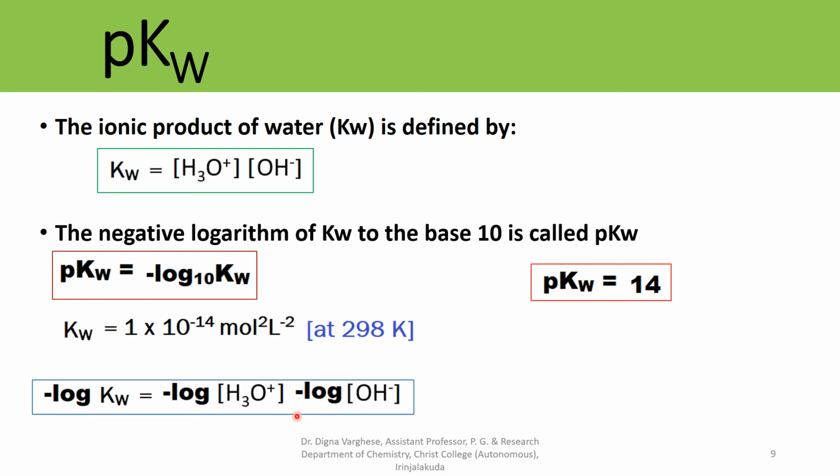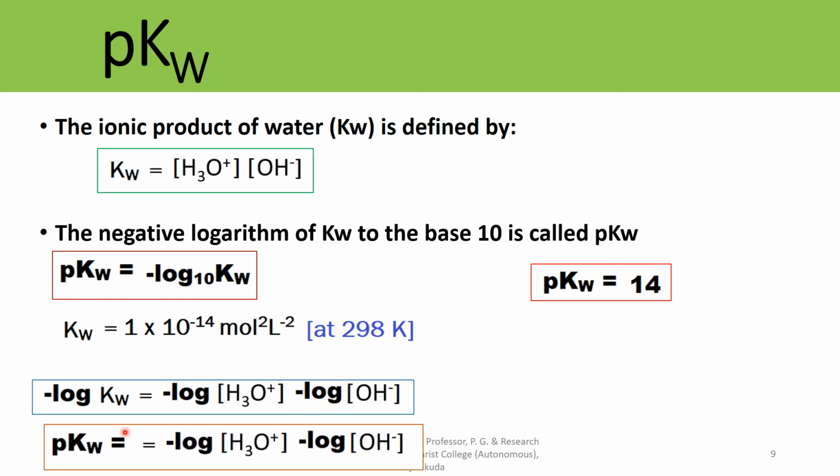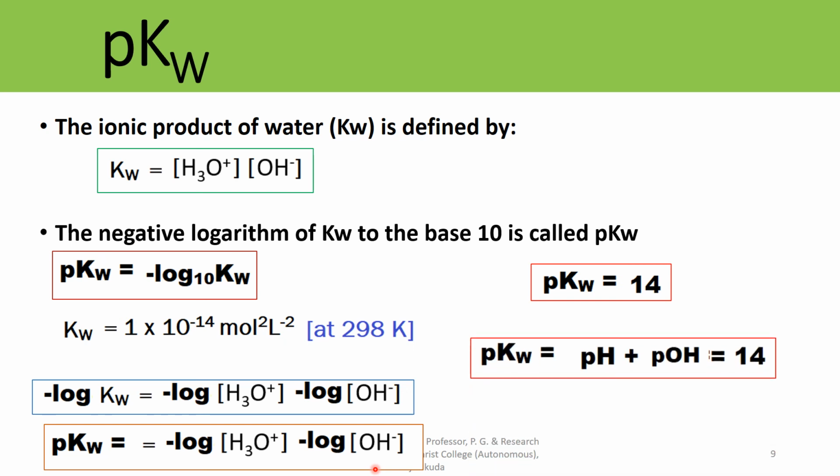We know that pKw is equal to minus log H3O plus minus log of the concentration of OH minus. We know minus log H3O plus is equal to pH, and minus log OH minus is equal to pOH. Therefore, we can write pKw is equal to pH plus pOH.